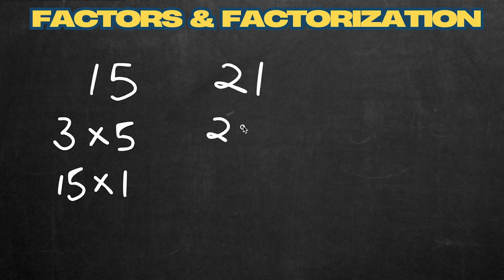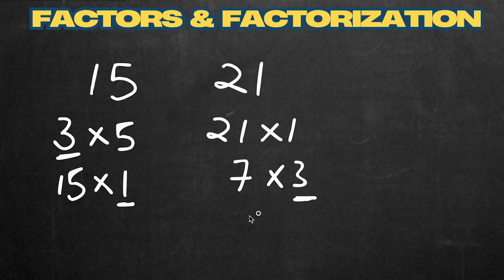For 21, of course there is 21 times 1, and there can be 7 times 3. Now, we never count 1 as a factor because 1 is technically a factor for every number, so we don't talk about that. But what other number do you see common in them? I see a 3 here and I see a 3 here. So the common factor is 3.